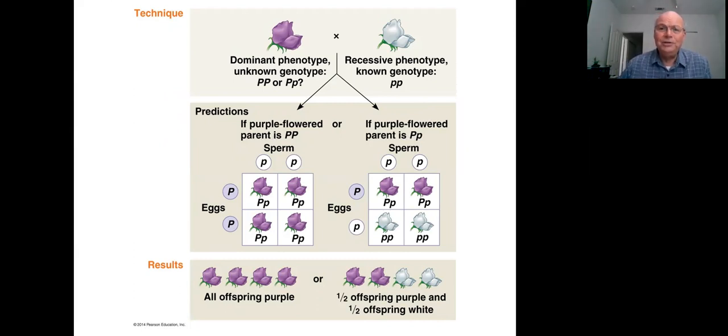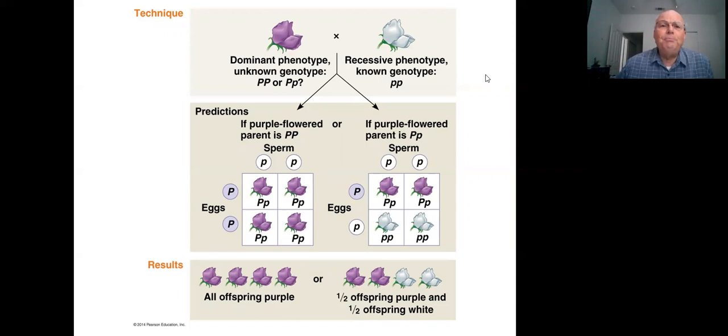So you know that those individuals are absolutely little p, and therefore they can only make one contribution to the offspring, a little p. So any difference that occurs in the offspring can't be because of what the white parent is bringing to the table, because they can only contribute a little p. It must be whatever the purple parent is contributing that must be making the difference.